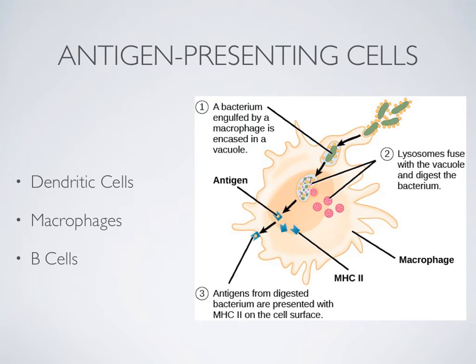And these dendritic cells are there in case anything gets past. And so as soon as something comes past a barrier, you're going to start to trigger inflammation, the innate immune system. But at the same time, antigen-presenting cells are taking that information and presenting it to B cells and T cells to get the adaptive immune system going in case the innate immune system can't take care of it itself.